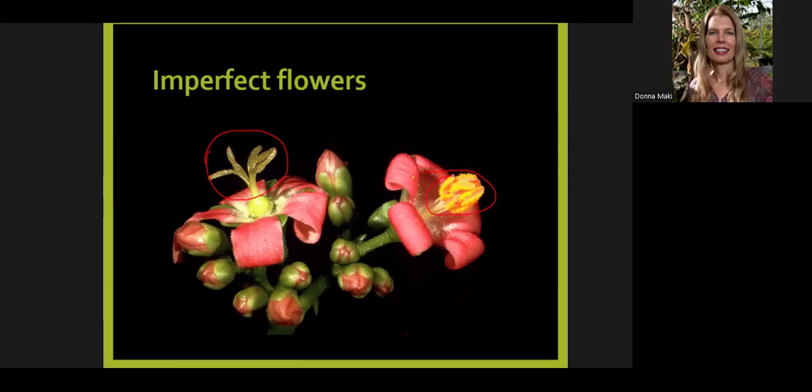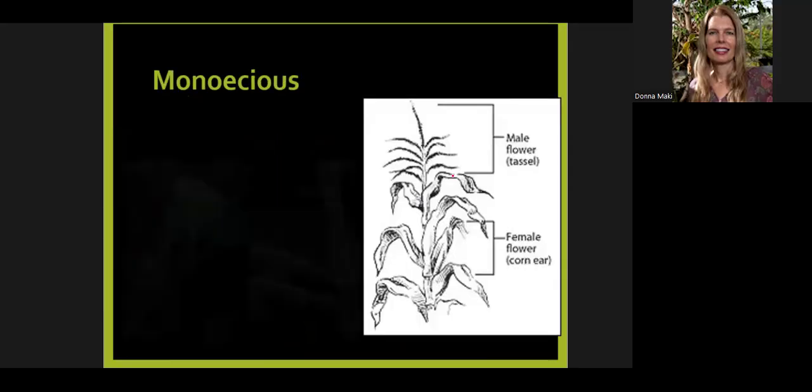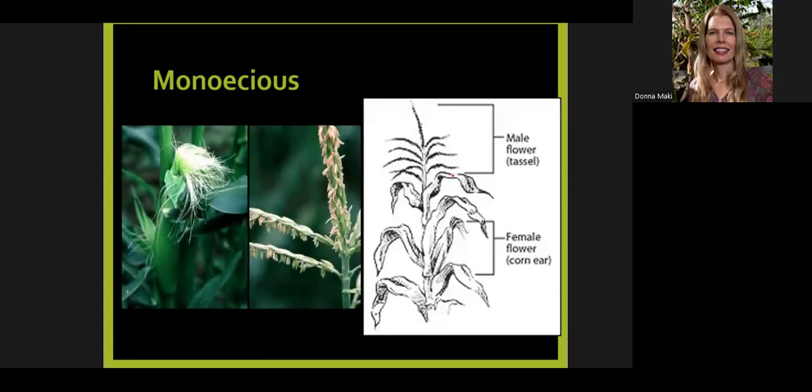These are the pistils. Believe it or not, corn. If you've ever walked through a cornfield, they're one house. The tassels are the male, and they're up top, and then the female is actually the corn on the cob that you eat, that was the female flower.